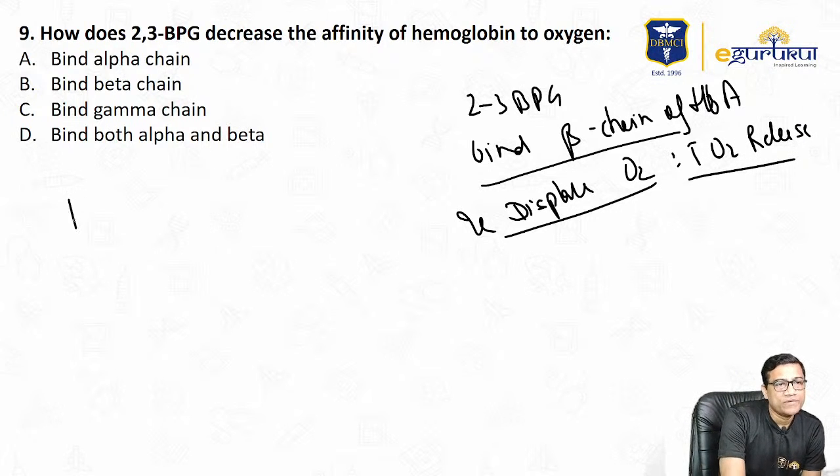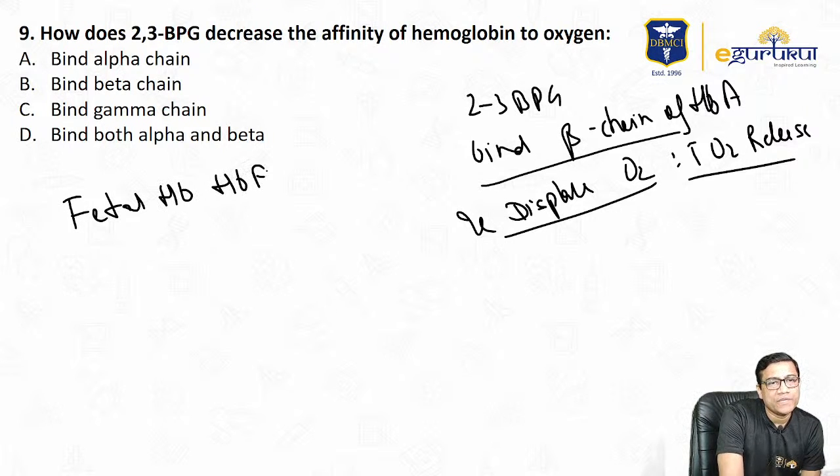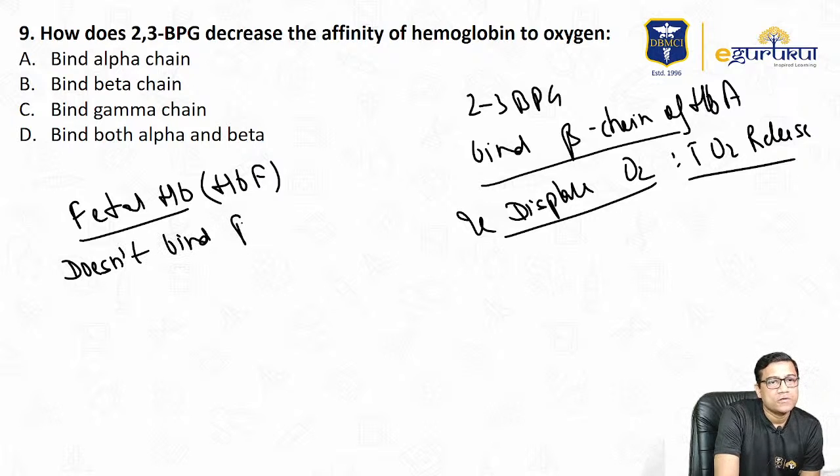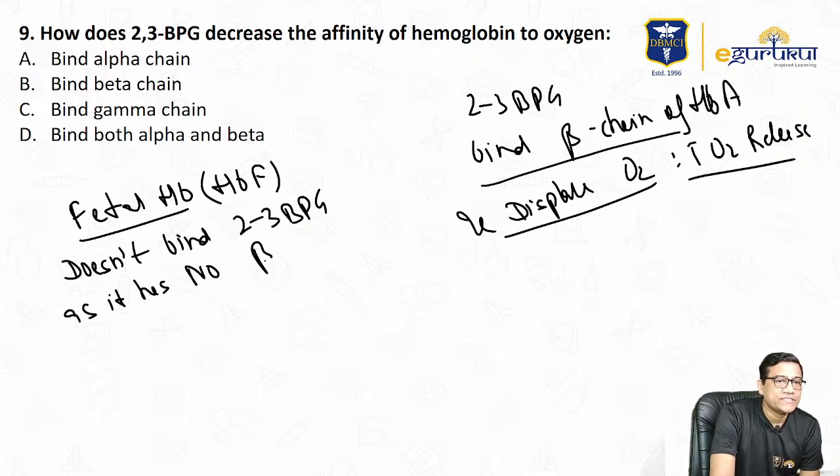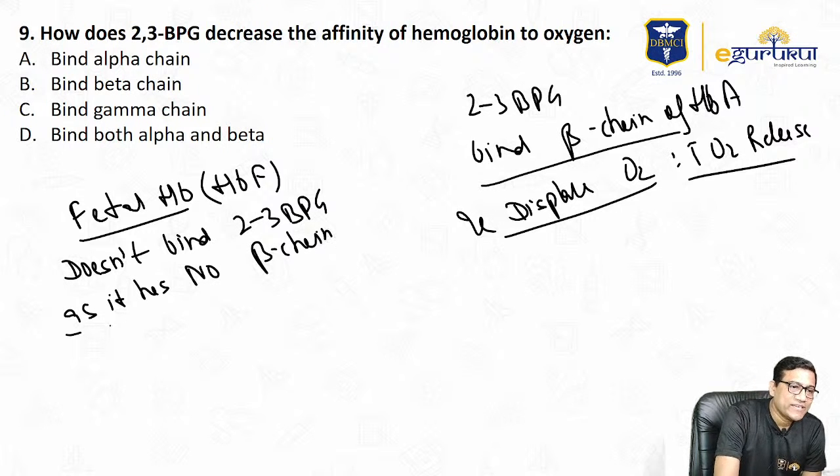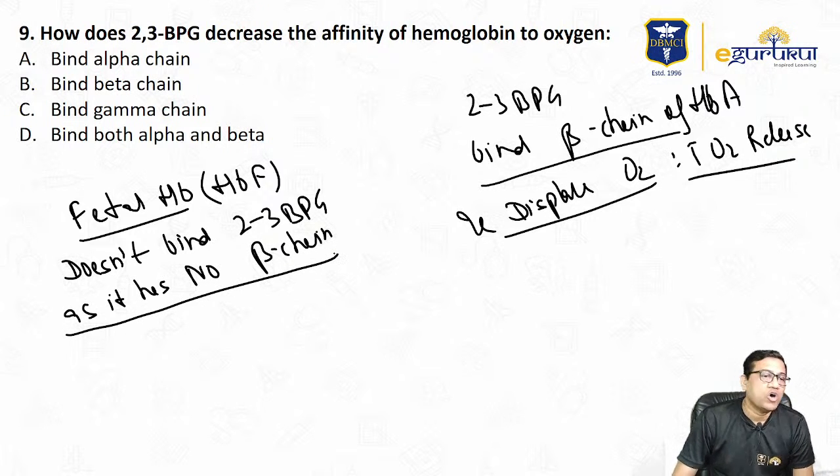Whereas fetal hemoglobin, HbF, doesn't bind to 2,3-BPG as it has no beta chains, and that is why fetal hemoglobin will love oxygen more.